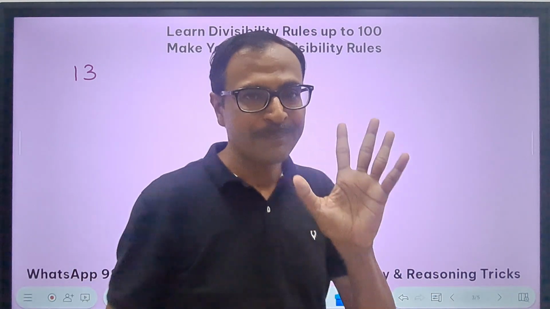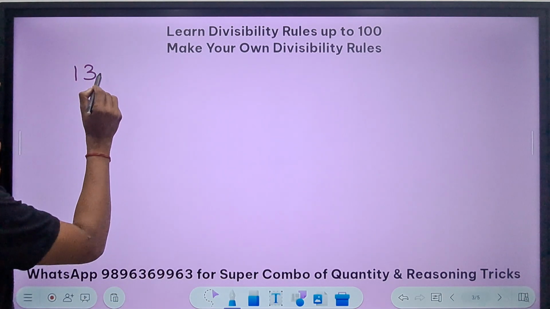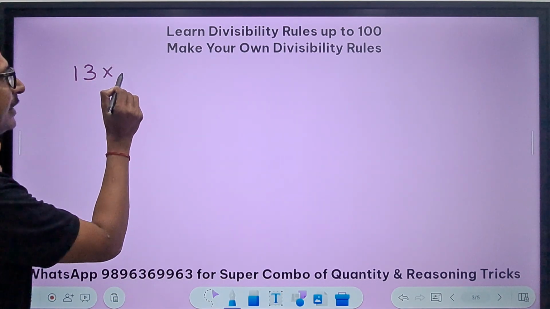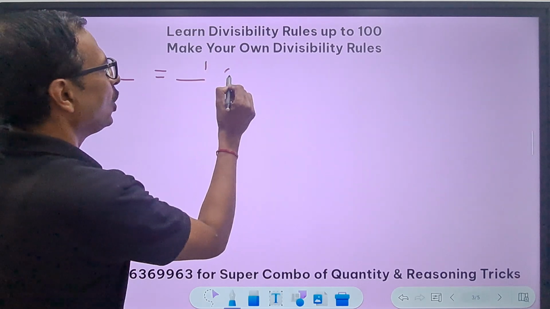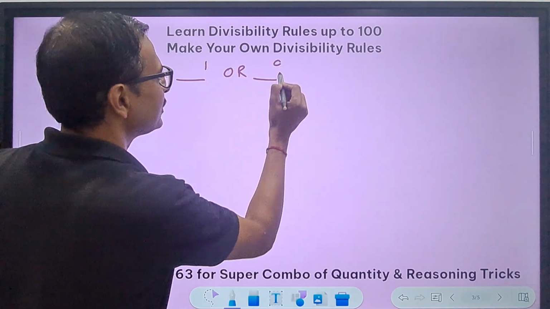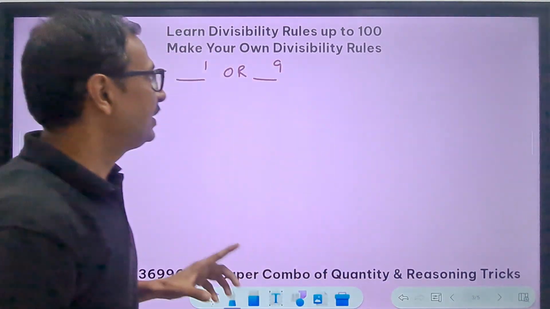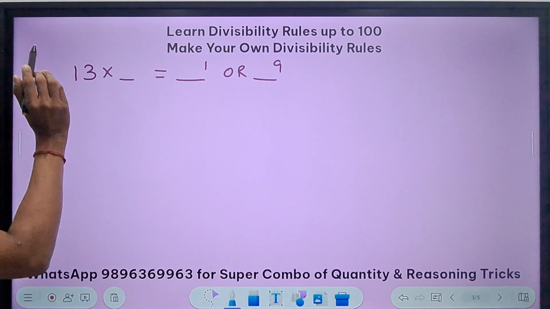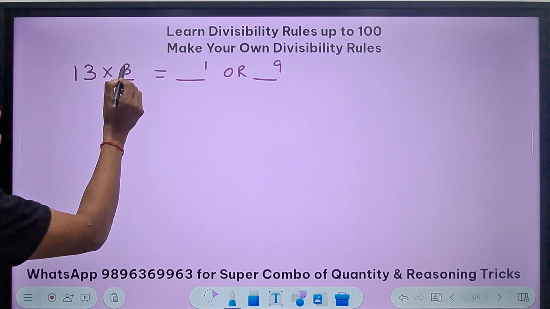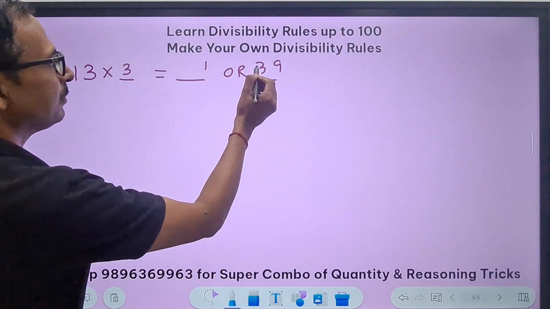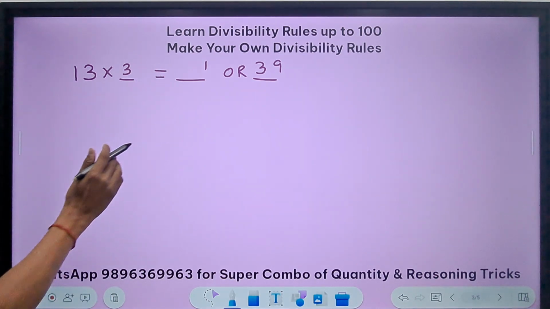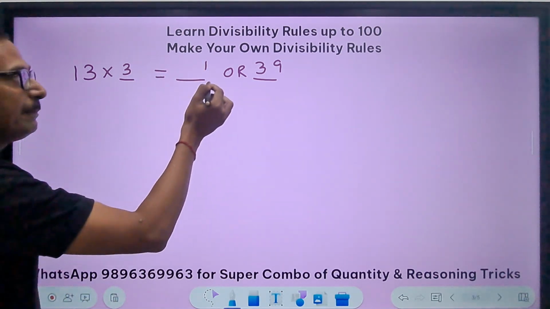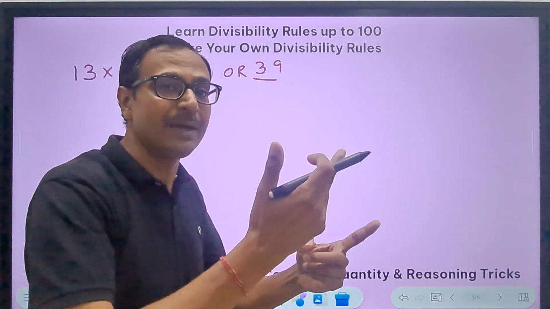Now if I want to multiply 13 by something and the number should end in either 1 or 9, this was the rule I told you, right? It is easier for me to get to 13 3s are 39, because 13 7 times is 91, which will be a big number, so the oscillator will also be big.